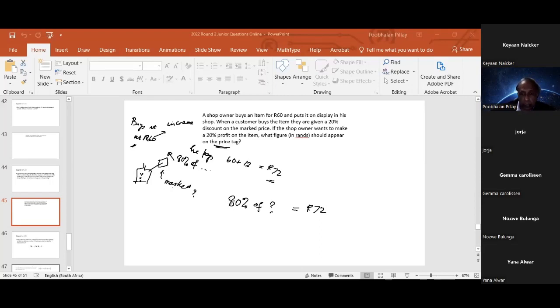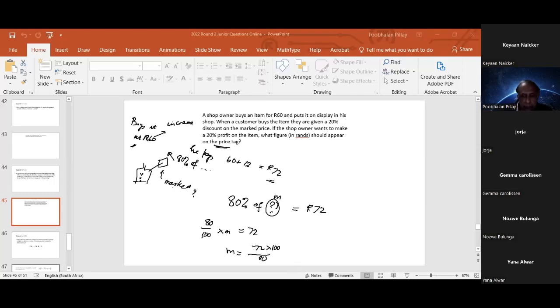After it takes away 20% from the marked price, evidently the marked price must be much larger than 72, because there's a discount. So what is this marked price? Let's call it M. So that's your equation: 80% of M is 80 over 100 times M equals 72. So M is equal to 72 times 100 divided by 80.